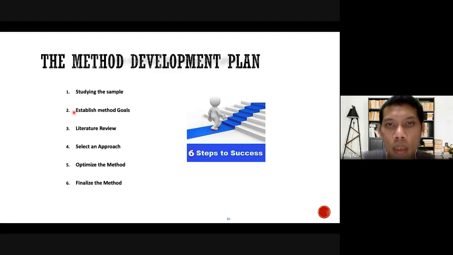Then establish your method goals, do the literature review, and select which method you want to use. Then you can further optimize the method. The last step is to finalize the method itself.